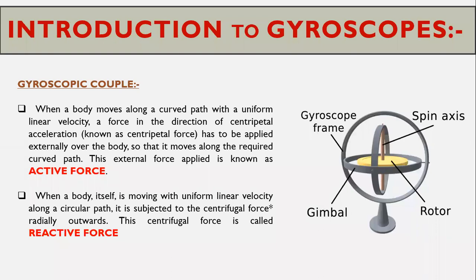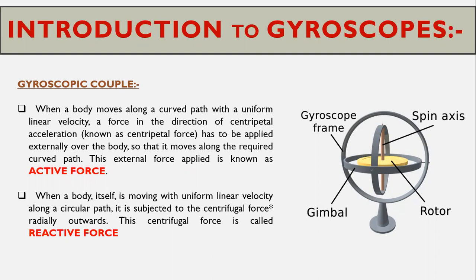Coming to the gyroscopic couple, there are two types of forces acting on the gyroscope. First one is the active force and second one is the reactive force. The active force depends upon the curved path, and the body moves along the curved path with a uniform linear velocity in the direction of centripetal acceleration.